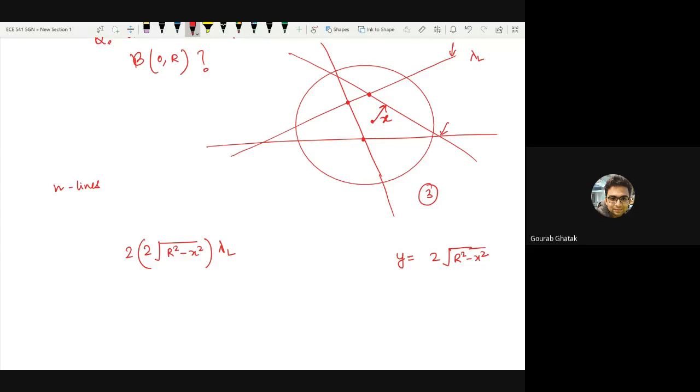Since the number of lines crossing it is Poisson distributed, you would have to average over all possible values. What is the probability that there are k intersections on this particular line?